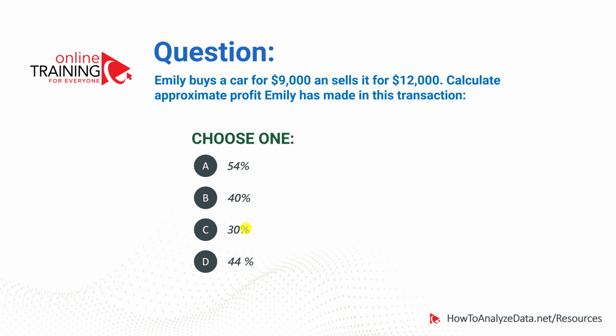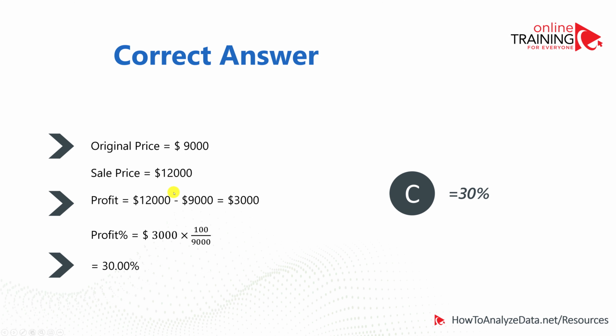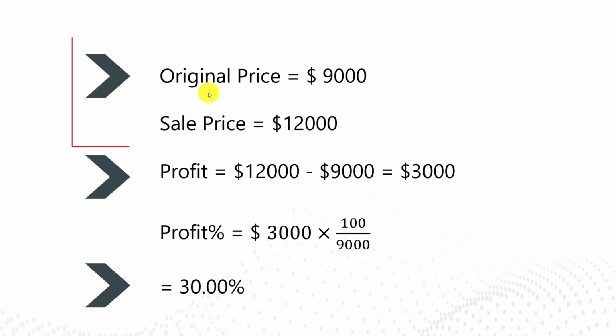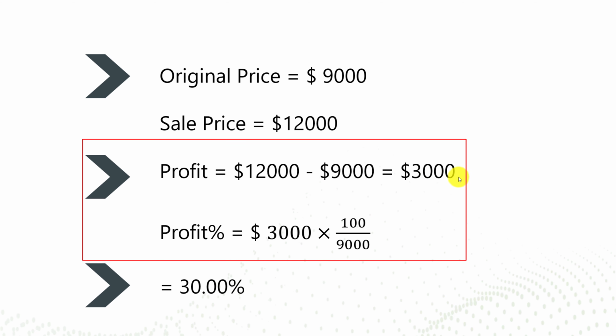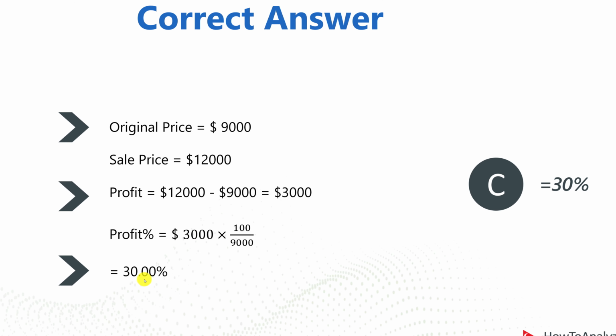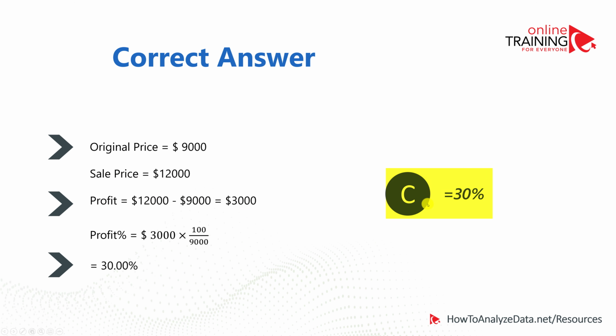So choice C is correct. Let's recap. Original price for the vehicle was $9,000. Sale price was $12,000. Profit is $3,000 and is calculated as $12,000 minus $9,000. The profit is calculated as $3,000 divided by $9,000 and multiplied by 100, and is equivalent of 30%. So choice C is correct. Did you get this one right?